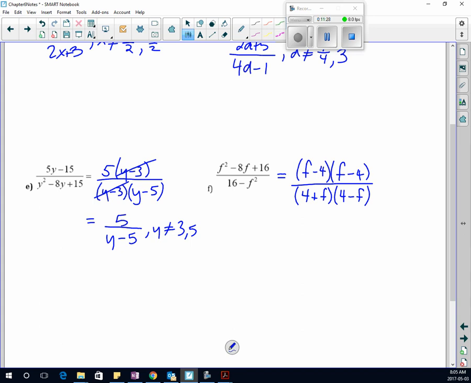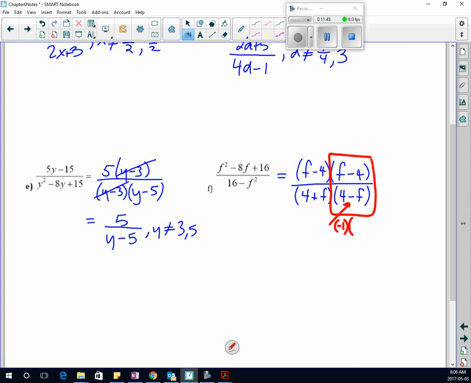I call it the -1 trick. And so if you see one that's very similar, for instance, these two right here, if I were to factor out a negative out of that one, do you see I would get the top one? So for instance, if I factor out a -1, what would I get there?